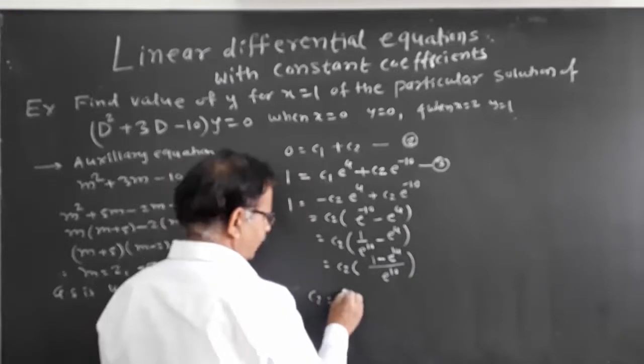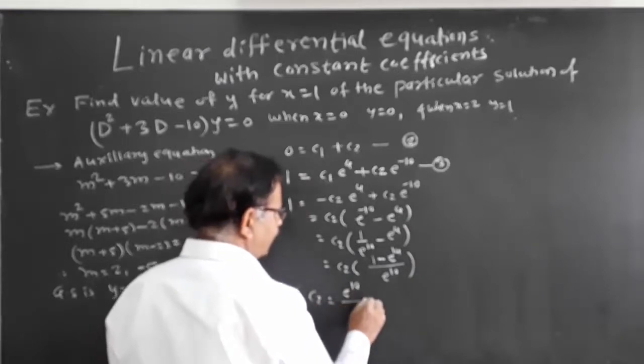Therefore, c2 equal to e raised to 10 divided by 1 minus e raised to 14.